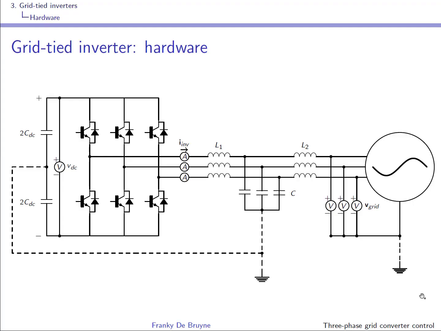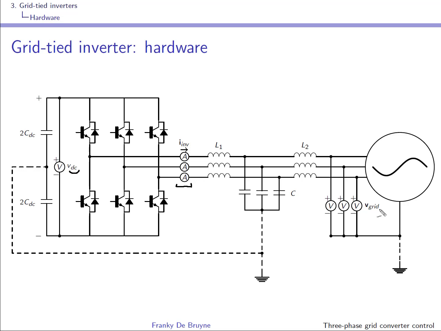Well, this is the overall hardware configuration for the grid-tied inverter. Remember that there are some measurements that are associated with the inverter itself, such as the voltage measurement of the DC bus and the current measurements at each leg of the inverter, and they are stacked in a vector, and they're defined, remember, as positive when flowing out of the inverter.